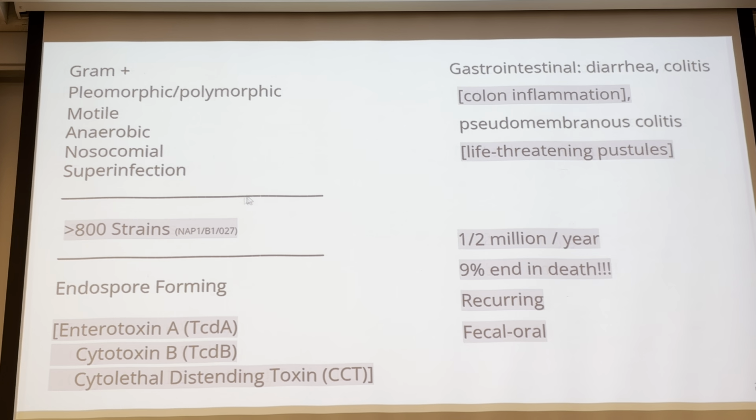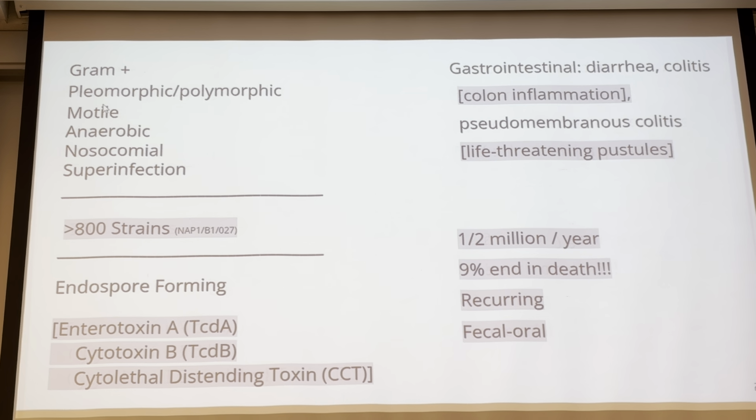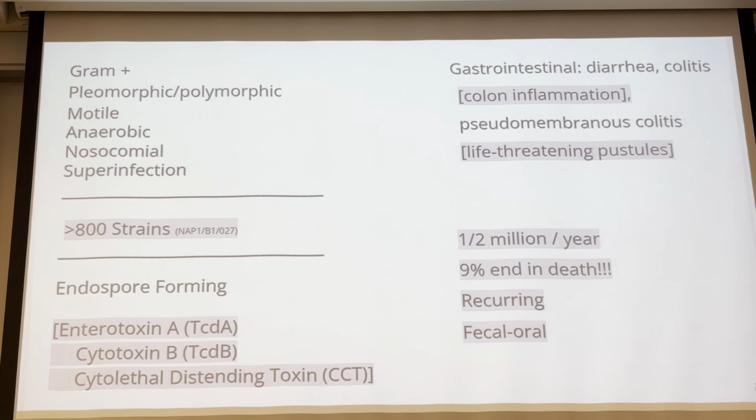Okay, so they are gram positive, and they are what we call pleomorphic, or sometimes it's called polymorphic. Sucks that there's 2 names, there just is. So that means there really are, because Bacillus cereus is a bacillus, Clostridioides difficile isn't always a bacillus.